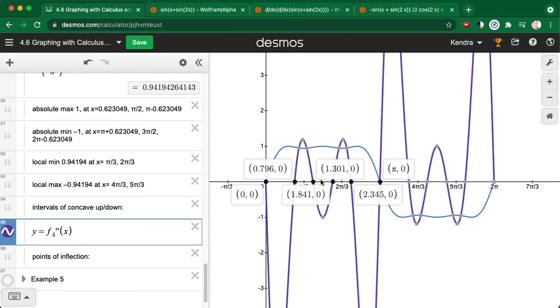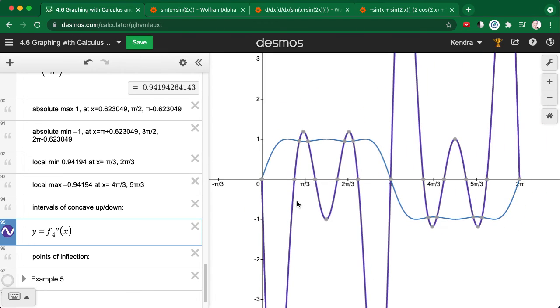It's hard to tell which label goes with what. So here's 0 and then 0.796 and then 1.301. Between 0.796 and 1.301, we have the second derivative is positive, so the function is concave up.